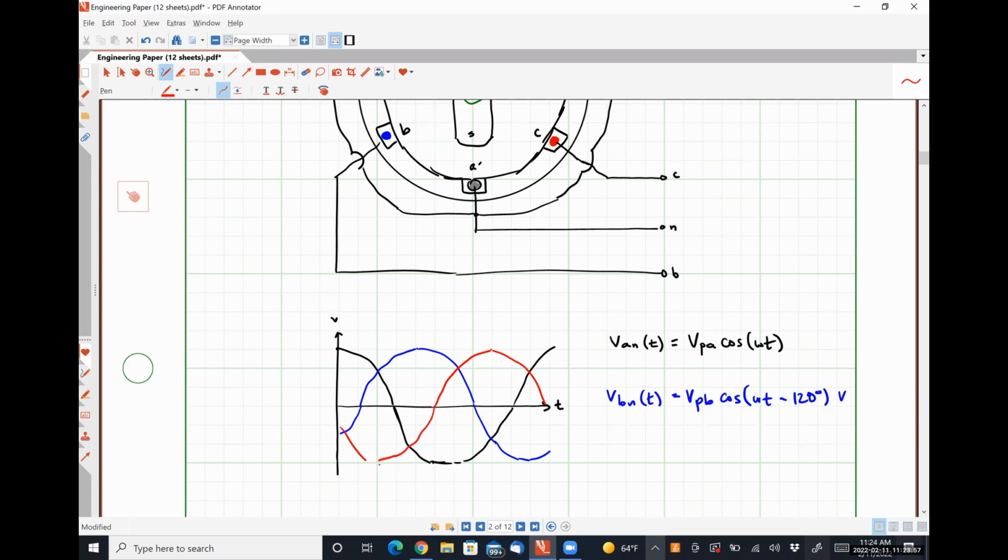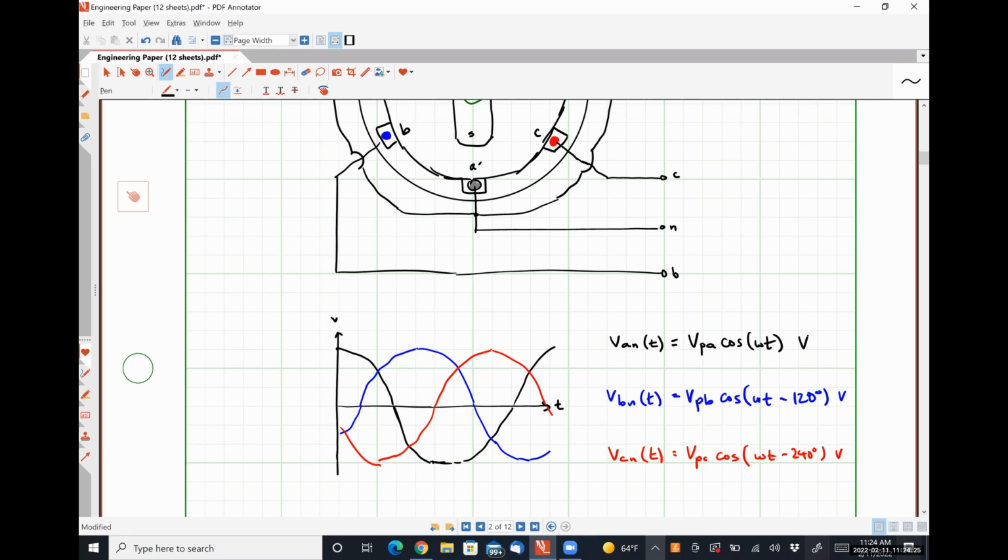Our C phase is doing its thing, where we get VCN of t is equal to VPC cosine omega t minus 240 degrees volts. So this is how three-phase voltages are generated.